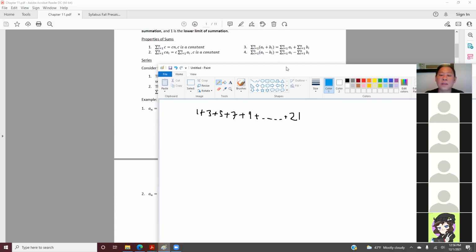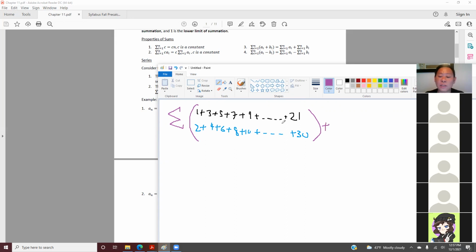And then the other sequence is the even ones: 2 plus 4 plus 6 plus 8 plus 10 all the way till 30. Okay. So when you want to find the summation of this, you need to add.